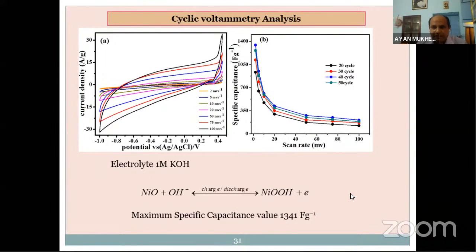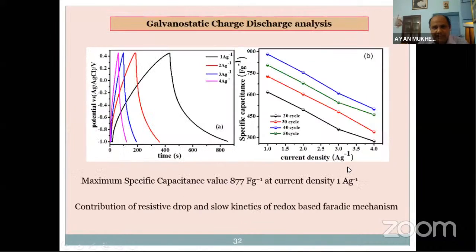The theoretical value of the specific capacitance of nickel oxide is about 3500 farad per gram, but here we have obtained 1341 farad per gram. So there are miles to go to achieve the theoretical value, but this value is also good, and we have also rechecked it from the galvanostatic charge discharge process, which also gives about 900 farad per gram.